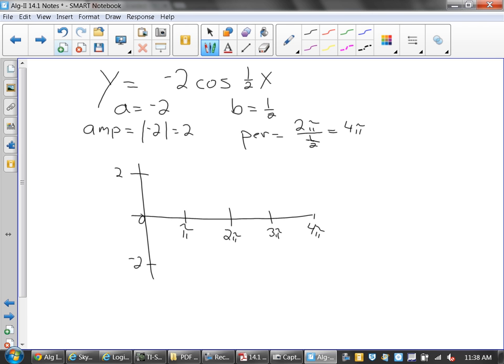It's a cosine, so the cosine always starts where? At the A value. What is our A value? -2, so where do I start this? Then where does it go? That's tricky. Cosine always starts at the A value, goes to 0, the opposite of A, back to 0, and then back to A. Always follows that pattern.